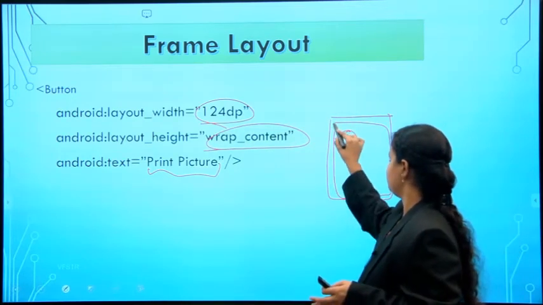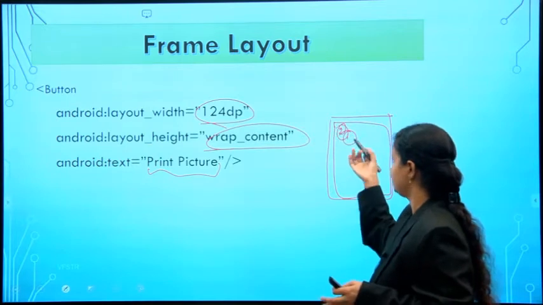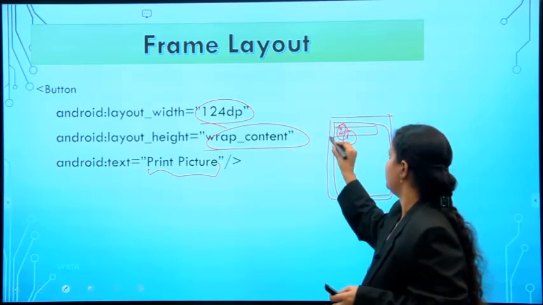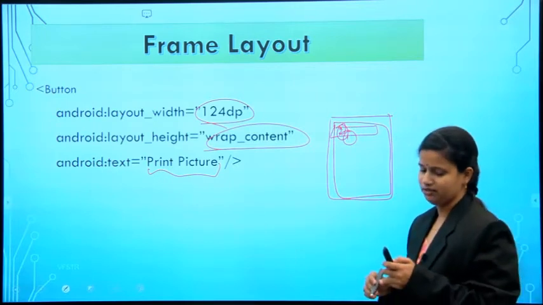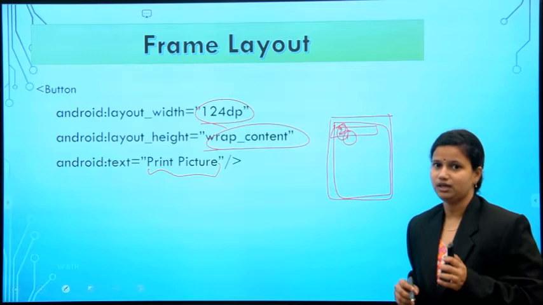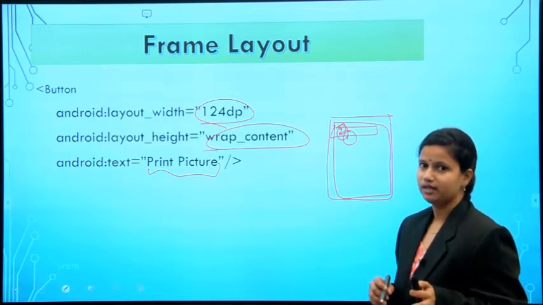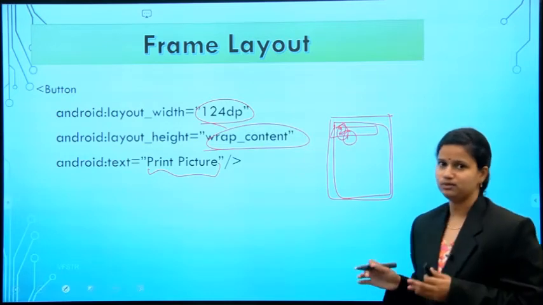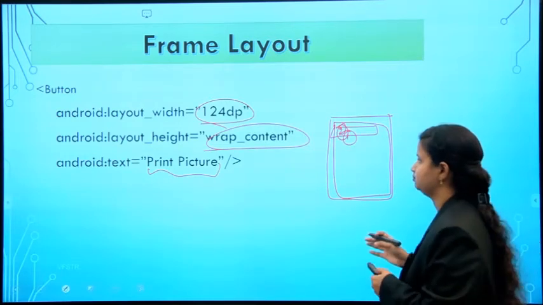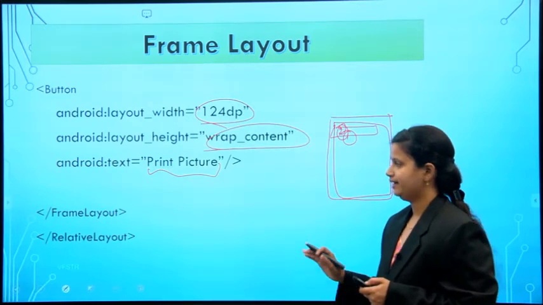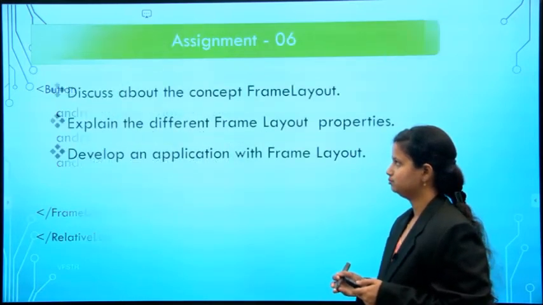To add the second view, it is also layered. That means on top of the image view it will display a button. It provides anchoring of views in a single view format, or otherwise it is a placeholder to provide all the views in a single view format. So the frame layout is closed here, and the relative layout is also closed.